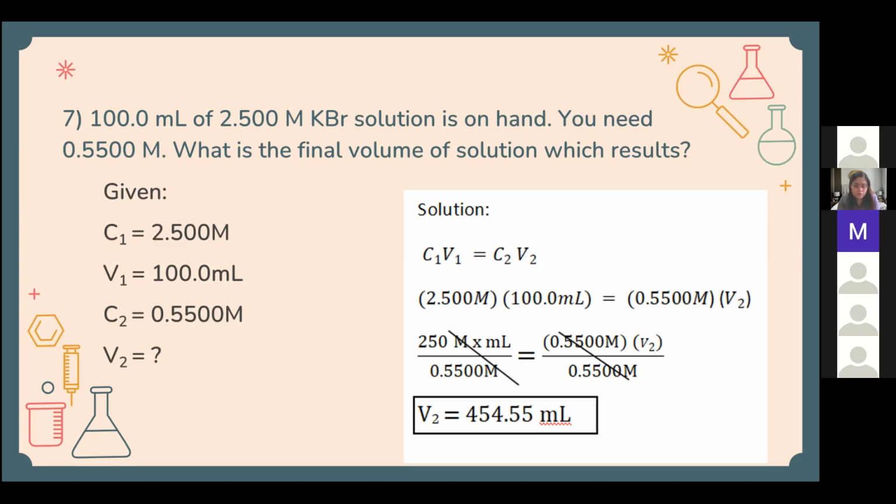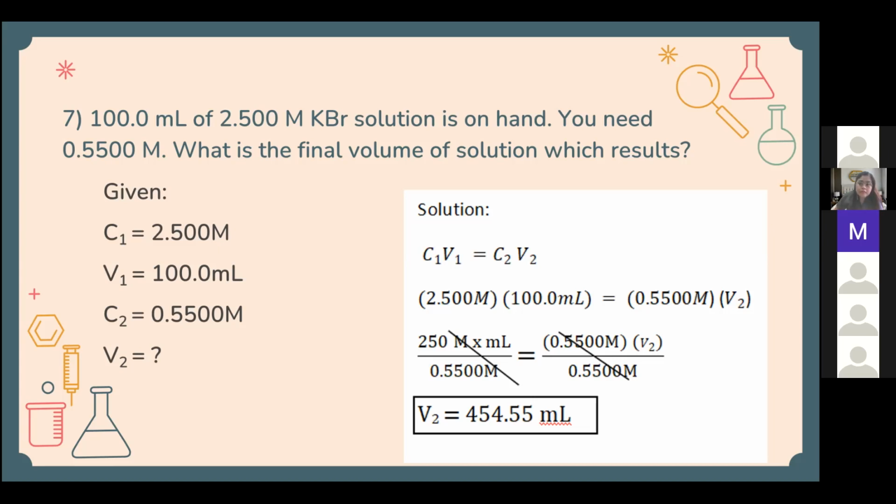So to find the V2, let's divide both sides by 0.5500 M so that the 0.5500 M on one side cancels and V2 remains. So we cancel: 2.500 M times mL over 0.5500 M is equal to, in parentheses, 0.5500 M times V2 over 0.5500 M. So the M cancels and mL remains.